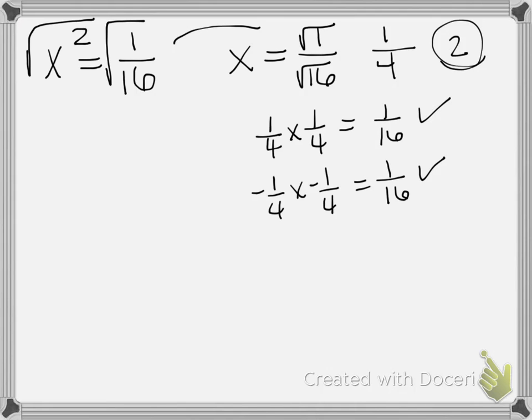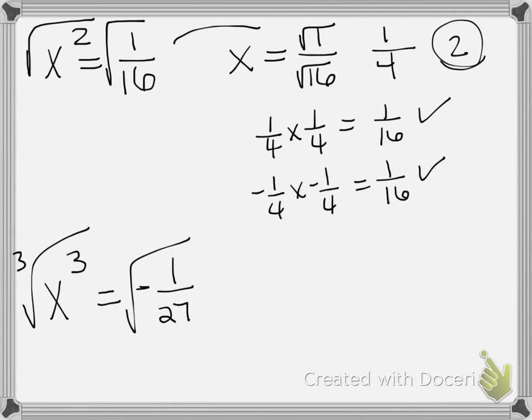Let's try one more. Let's try a cube root. Let's say you have the cube root of negative 1 over 27. Just like on the first page, I'm going to take the cube root. So that's going to be x. We know that the cube root of 1 is 1, and the cube root of 27 is 3.